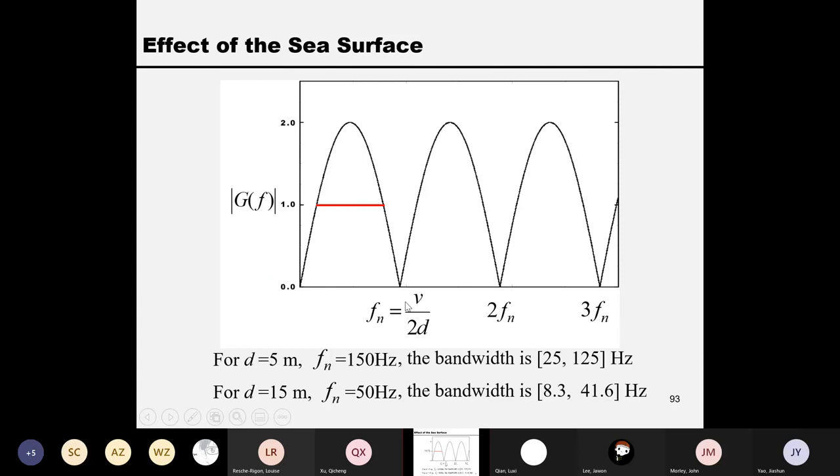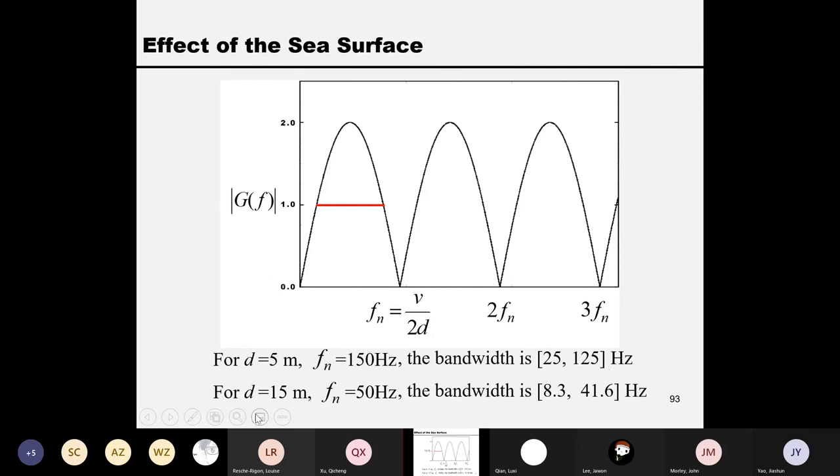V was 1500, and 1500 divided by 10 is 150 hertz. You see that? And the measure at half amplitude is actually 25 to 125 hertz. If the depth is 5 meters, your bandwidth is 25 to 125.